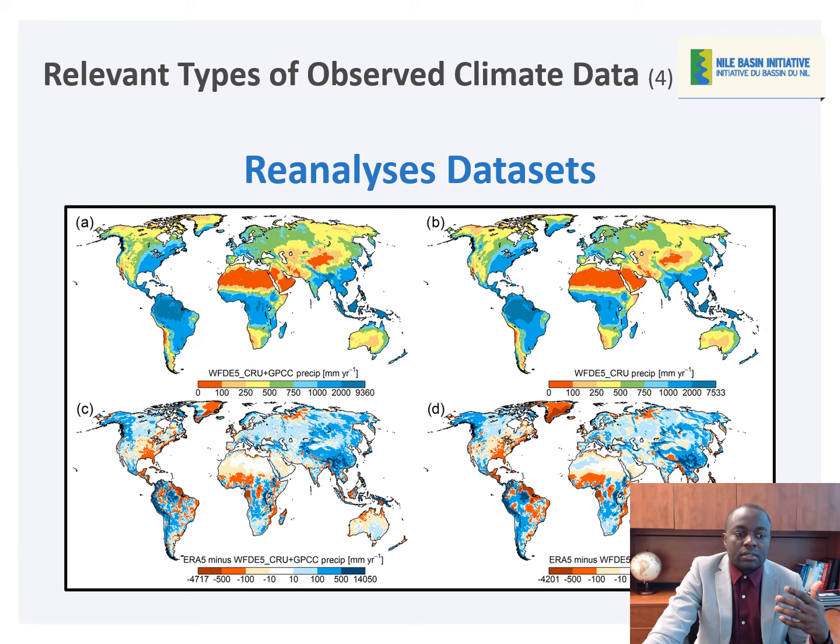Two, the changing mix of observations and biases in observations and models can introduce some sort of spurious variability and trends into reanalysis outputs. Three, diagnostic variables relating to the hydrological cycle, such as precipitation and evaporation, should be used with extreme caution.